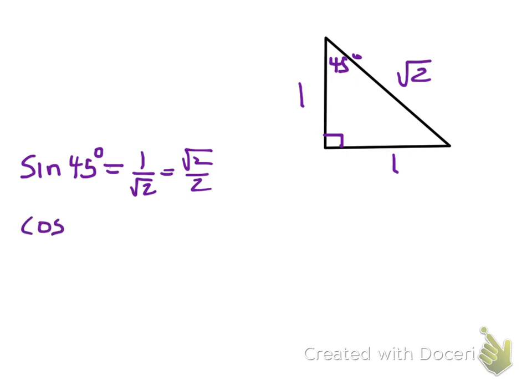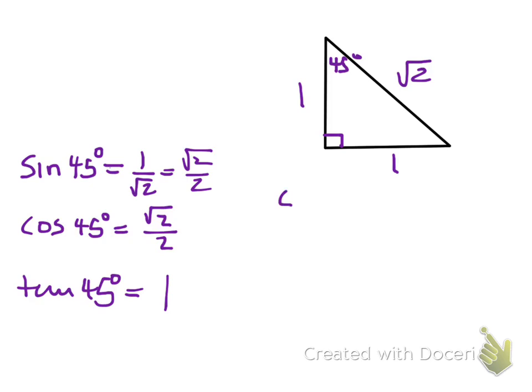Cosine of 45 degrees, same thing, because the adjacent leg and the opposite leg are equal in this triangle. And then the tangent of 45 degrees is the opposite over the adjacent, 1 over 1 is 1.